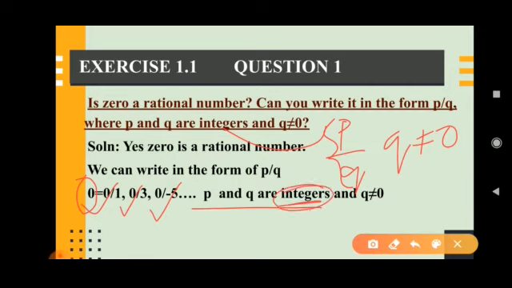Integers consist of 0, 1, 2, 3, and so on, minus 1, minus 2, minus 3, and so on. So if I take 0 and 1, they are integers, and q is not equal to 0. So 0 is a rational number; we can express it in the form of p by q, and q is not equal to 0. Clear?